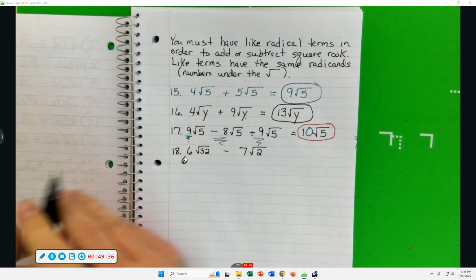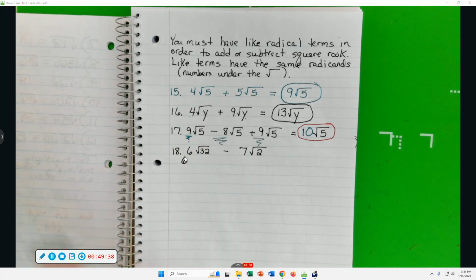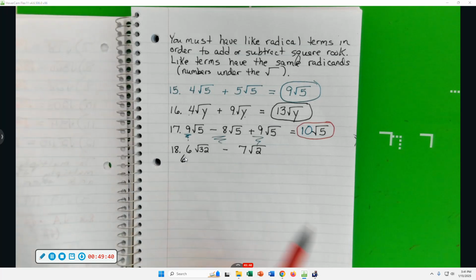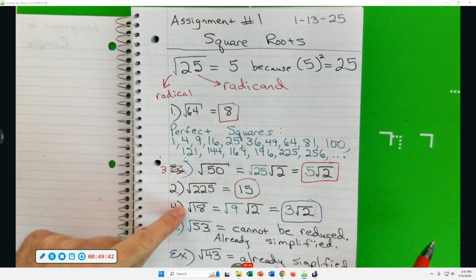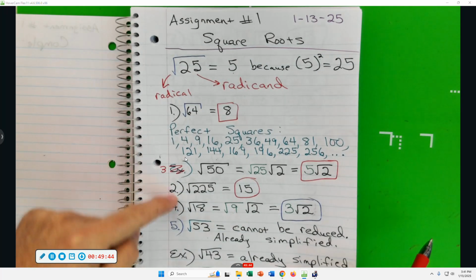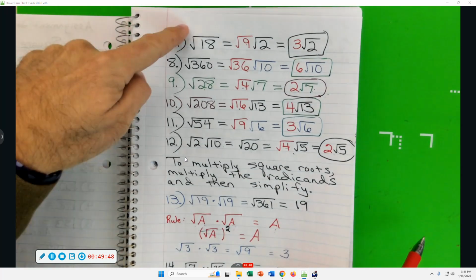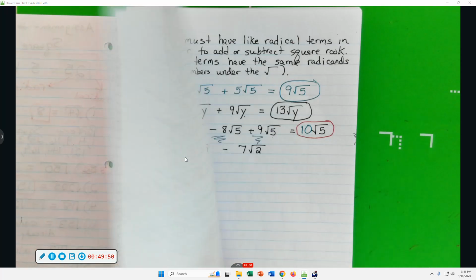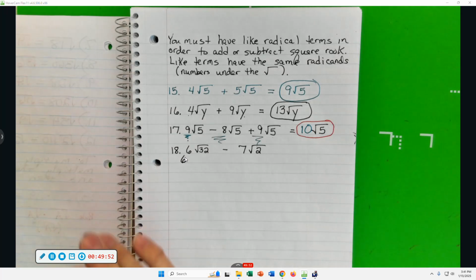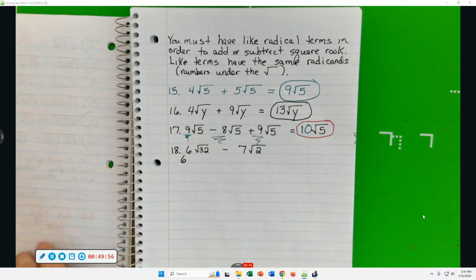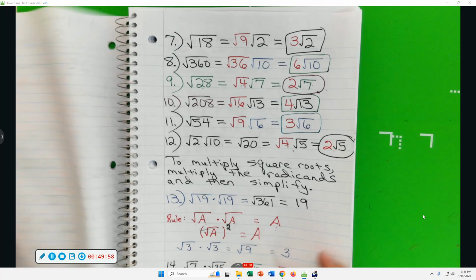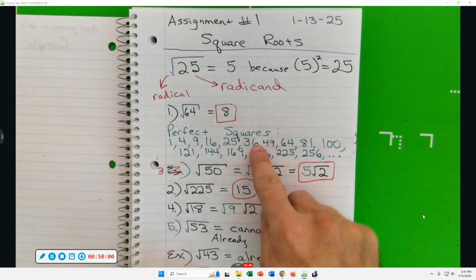I've carried it down. Now we're going to simplify the square root of 32 the same way we did problems 3, 4, 5. I'm looking to see, have we already done the square root of 32? No. Okay, so let's look at our list of perfect squares. 32 is not a perfect square.